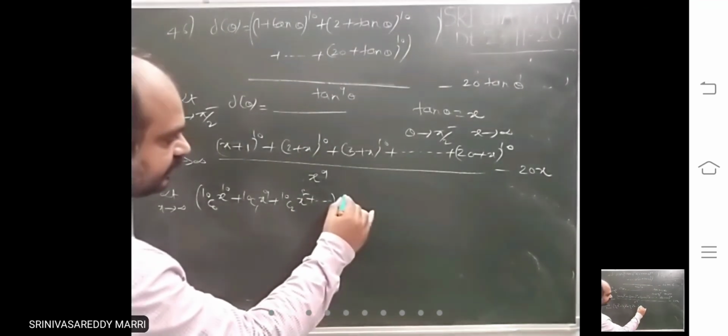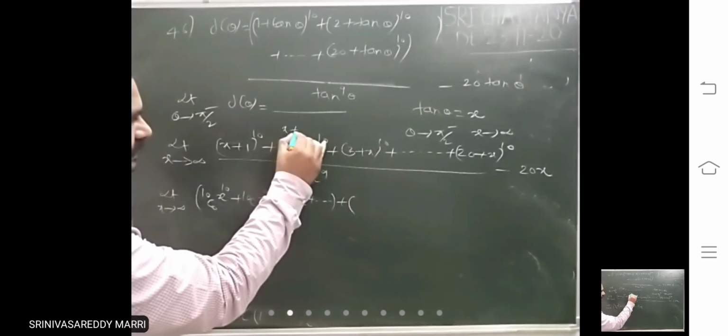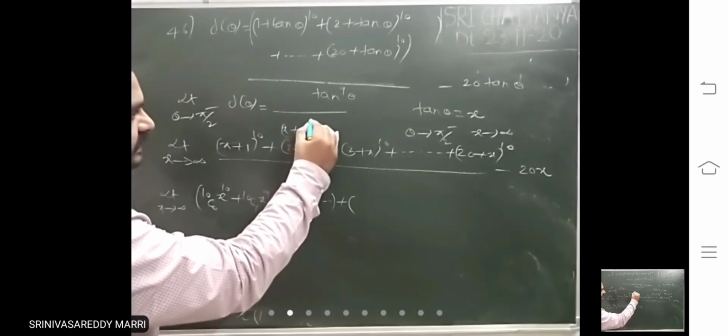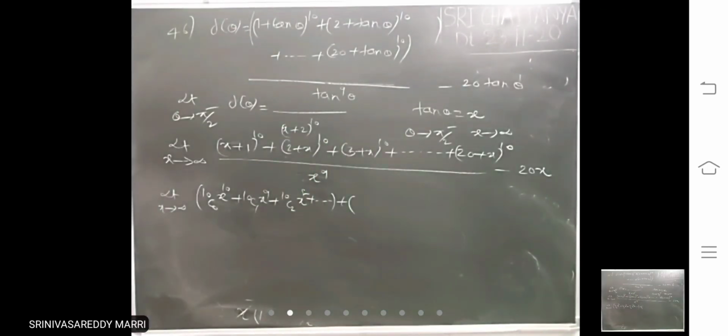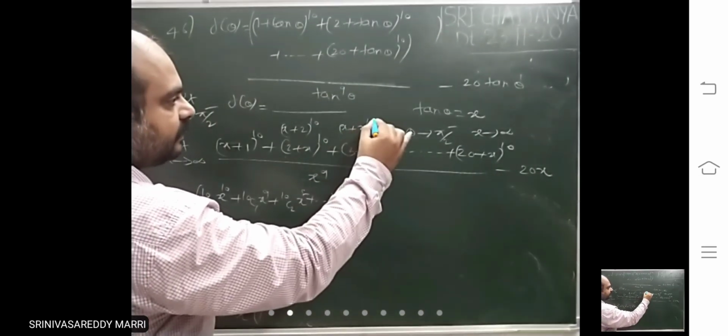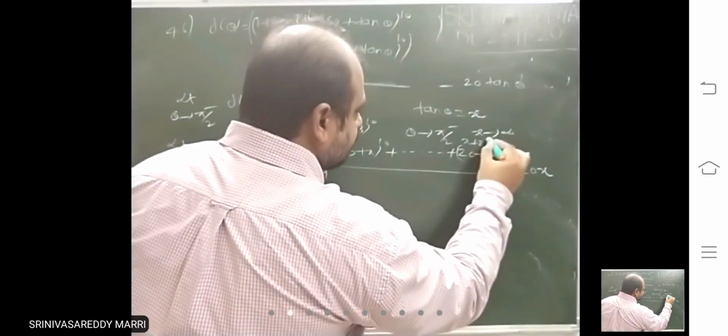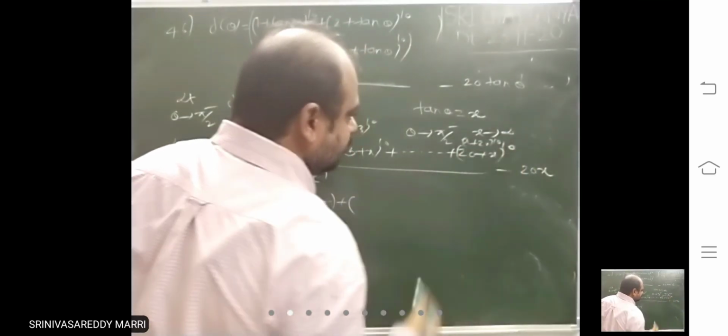Right? So here you will get this. Take it as x plus 2; just for convenience I am writing x plus 2 whole power 10, both will be same. So this is same as x plus 3 whole power 10, for convenience I am writing.